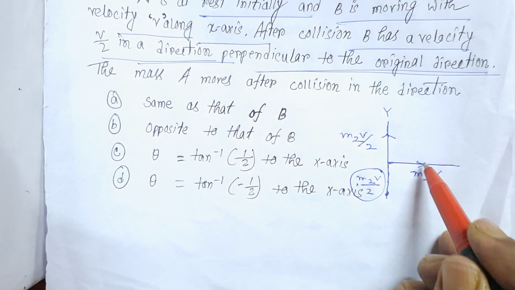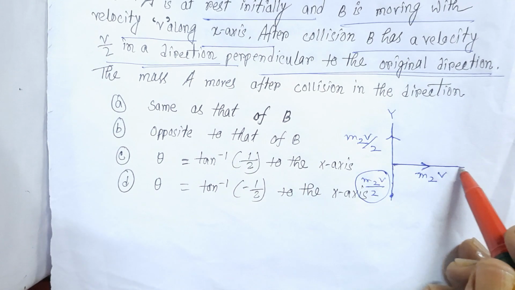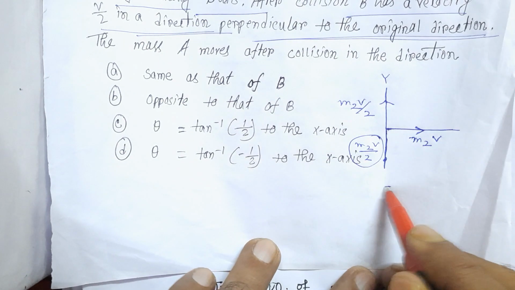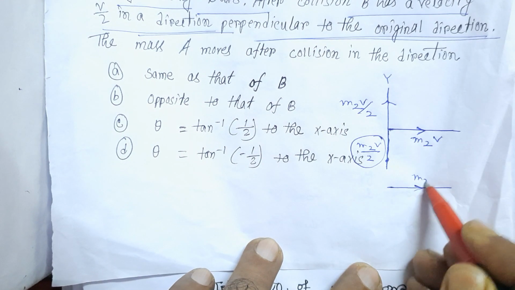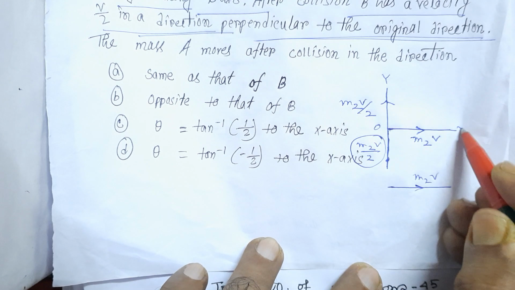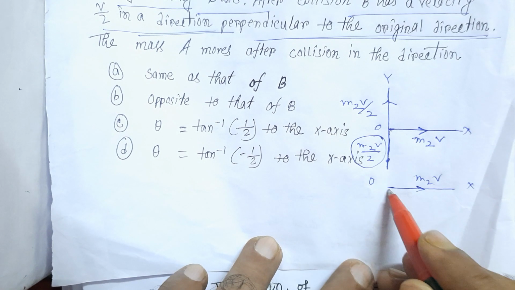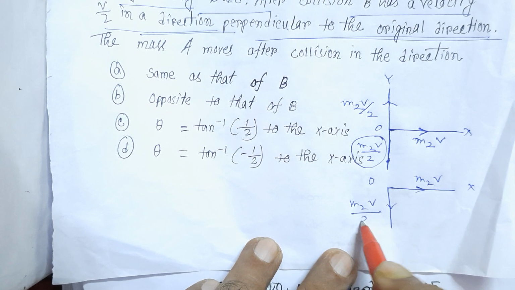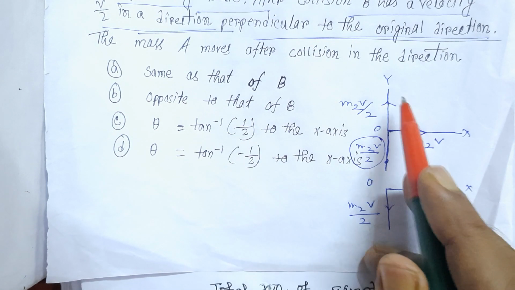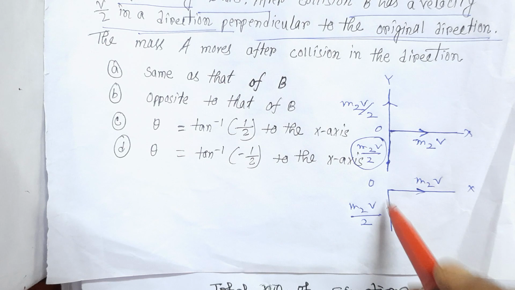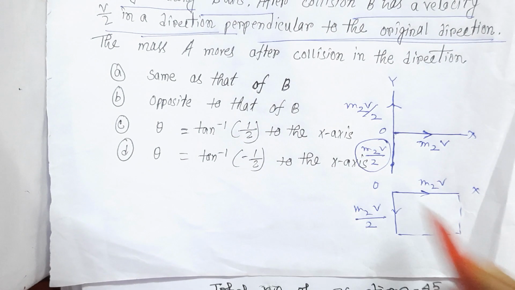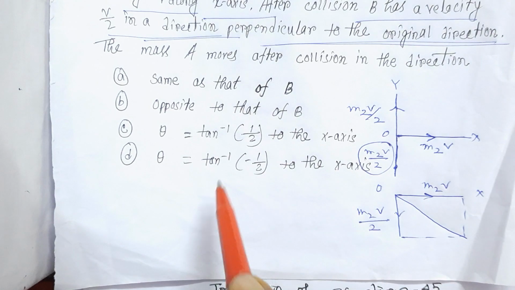It will also get the initial whole momentum of B. So the momentum of A will be the resultant of m2v along the x-axis and m2 into v by 2 in the negative y direction. So the final momentum of A will be the resultant of these two vectors.